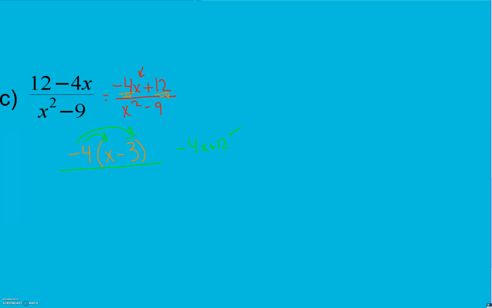In my denominator, I have a difference of squares. I need to multiply to 9, subtract to 0. X minus 3, x plus 3. It's called the difference of squares. So restrictions on my variable. X squared minus 9 cannot equal 0, so x squared cannot equal 9.